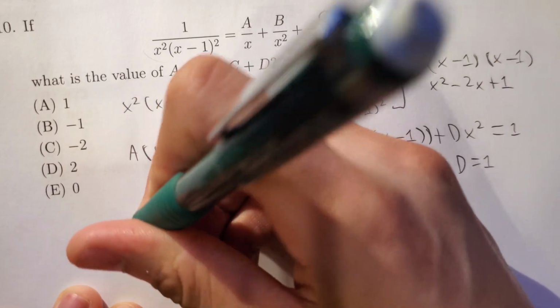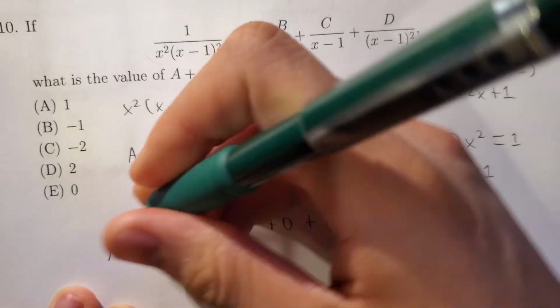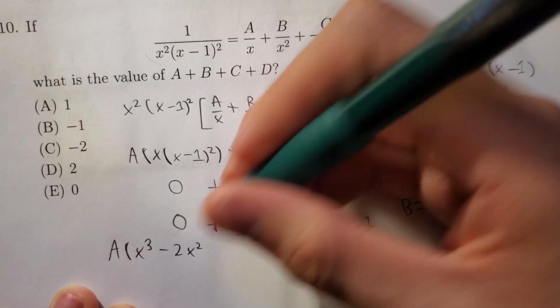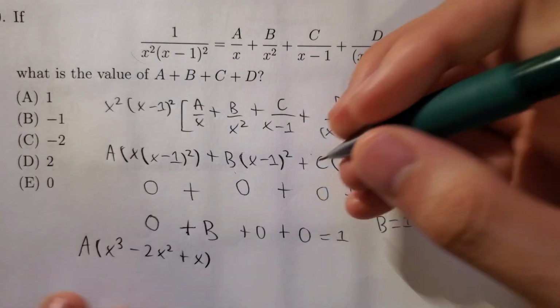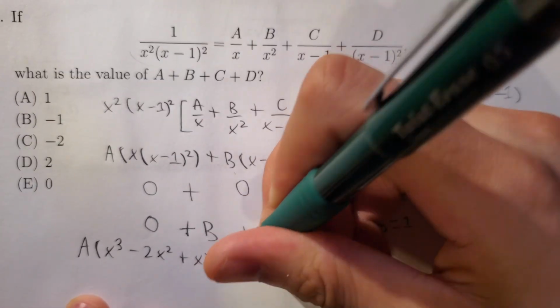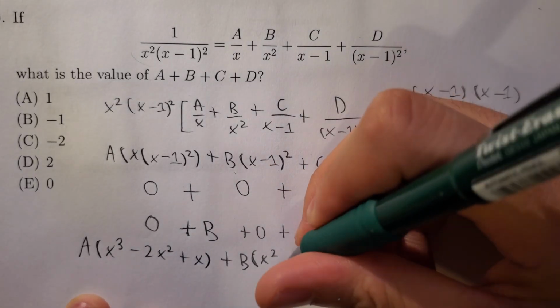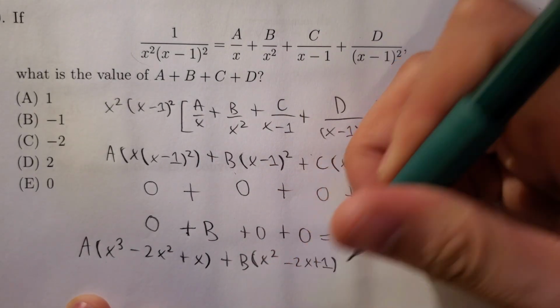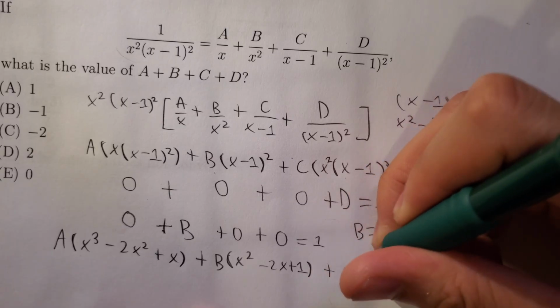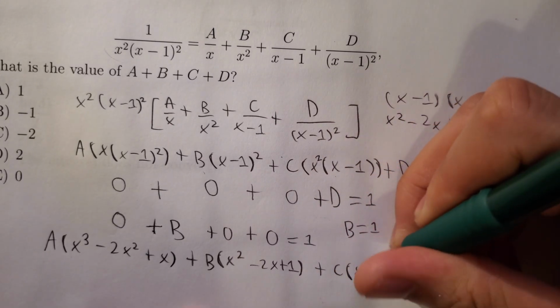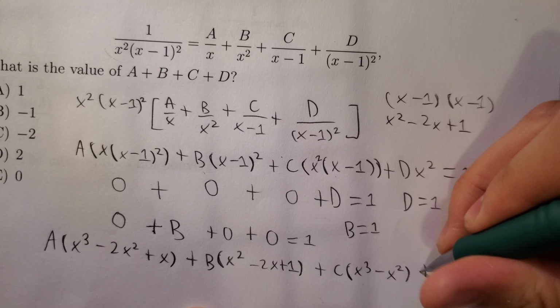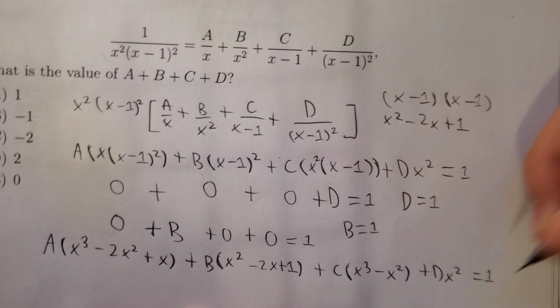This becomes a(x cubed minus 2x squared plus x) plus b(x squared minus 2x plus 1) plus c(x cubed minus x squared) plus dx squared is equal to 1.